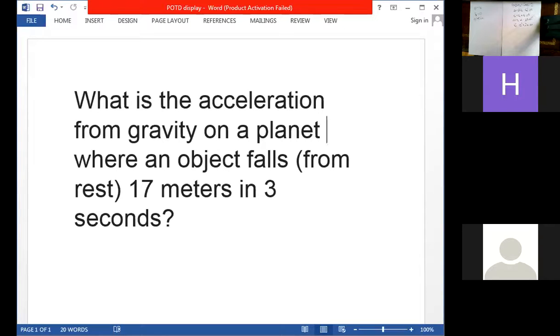Okay with that so far? Anybody? Questions about what we've done to this point? The unknown that we're looking for, what quantity are we looking for here? It asks it pretty specifically.